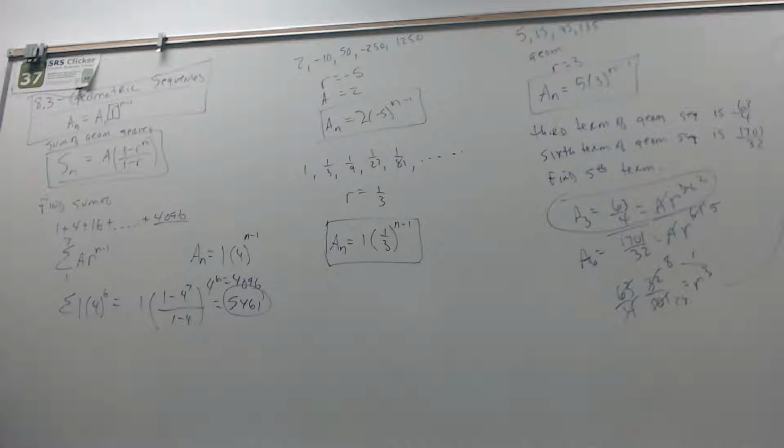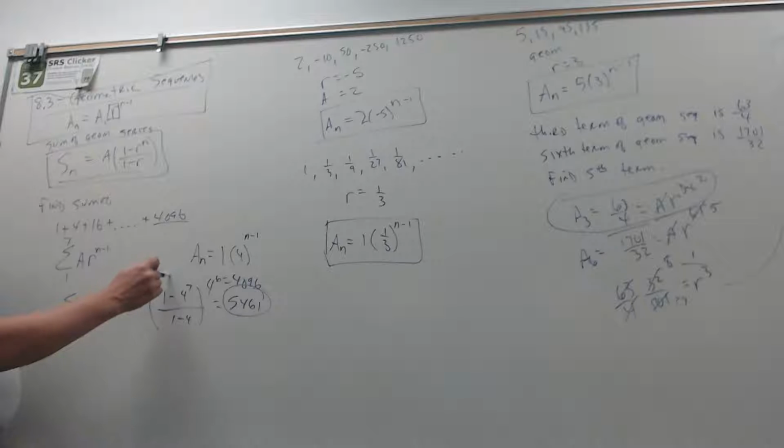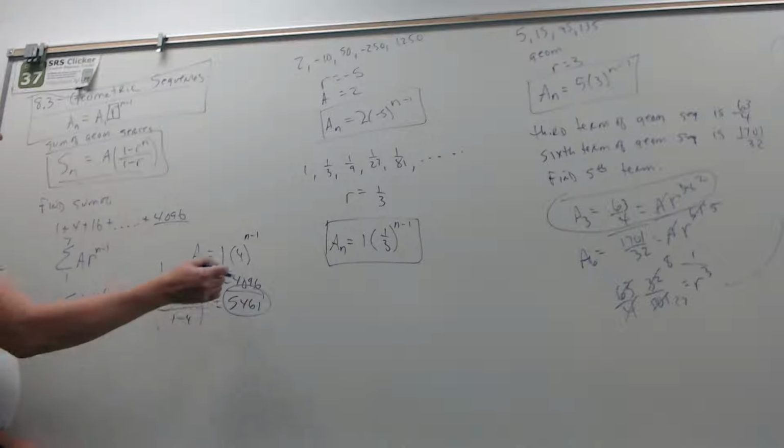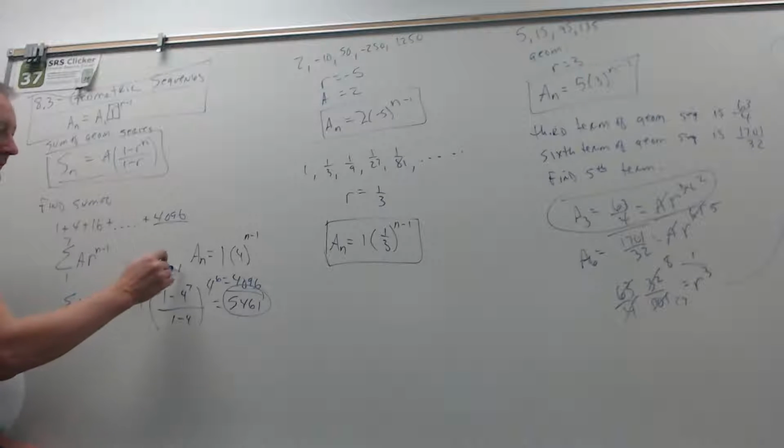Do you guys want to check the calculator, make sure you got that same number? What is 4 to the 7th? Probably a big, very negative number. It's got to be more than that. It's 4096 times 4. Yeah, 12,000.